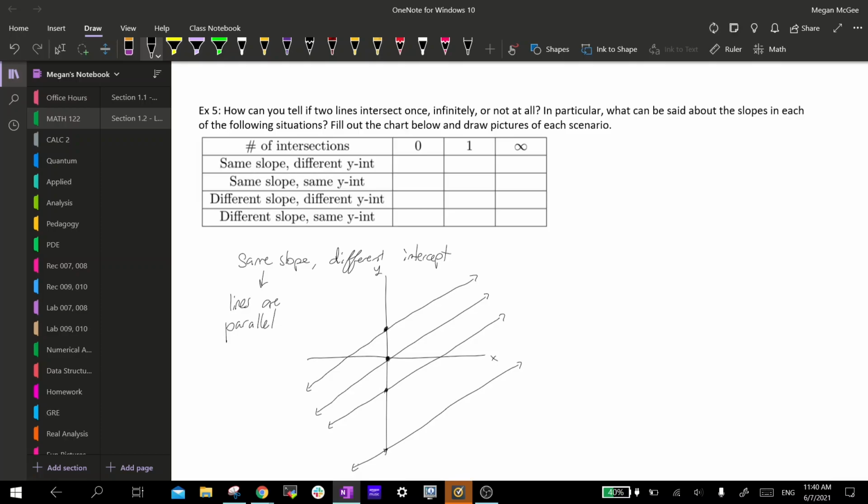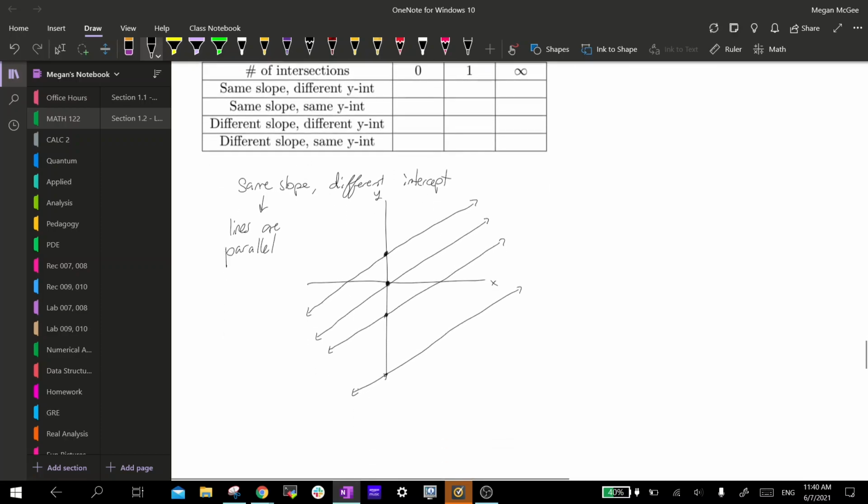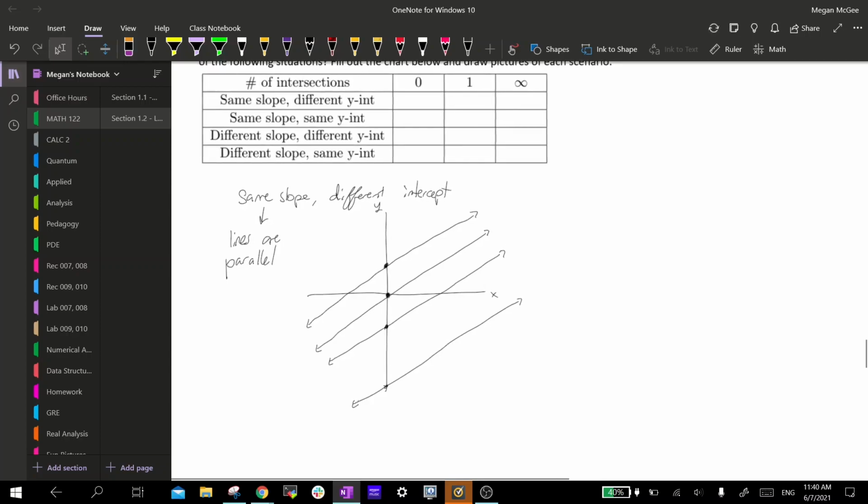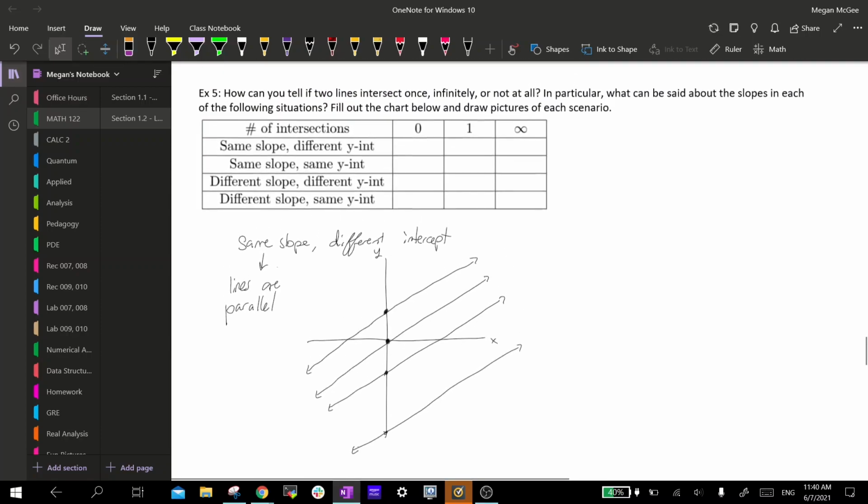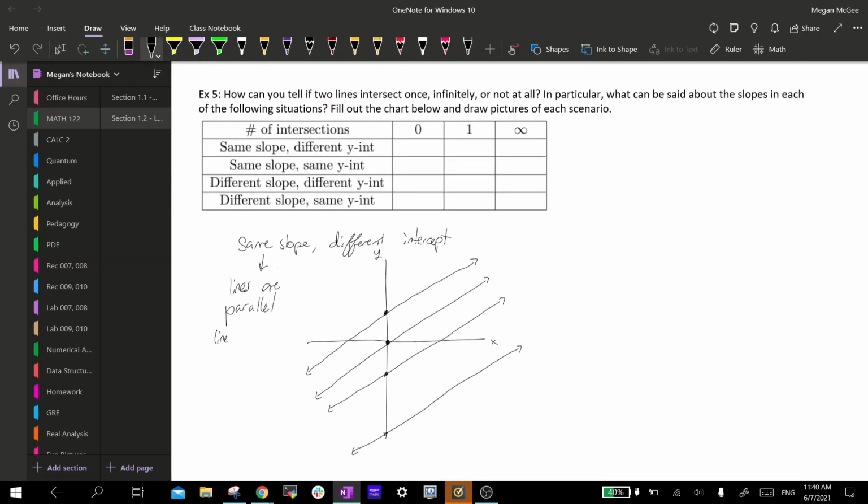All right, maybe if I drew them perfectly, it would be a little bit more obvious. But because they're parallel lines, they never touch. So, we can mark the 0 box for the same slope, different y-intercepts.